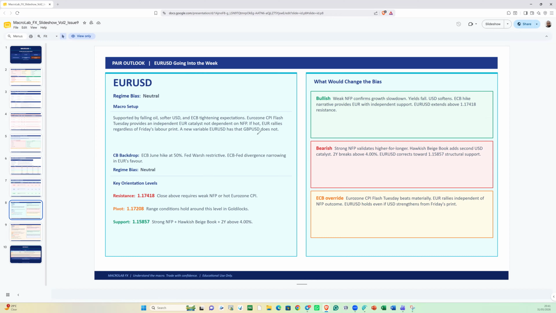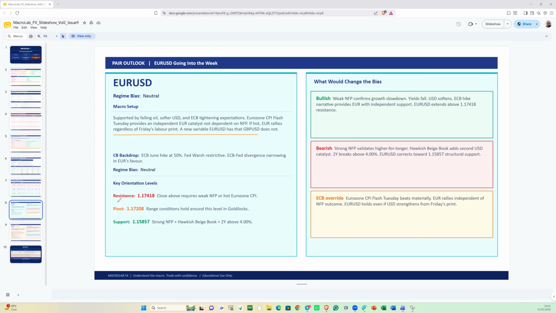This is our macro setup for the week, supported by falling oil, softer USD, and ECB tightening expectation. Eurozone CPI flash on Tuesday provides an independent Euro catalyst, not dependent on NFP. If it's hot, Euro rallies. So we're looking at those kind of supported buyers.